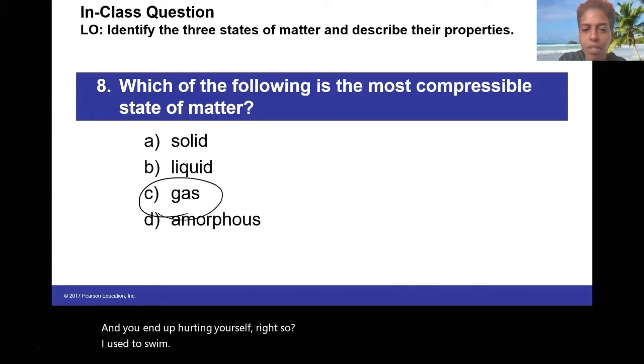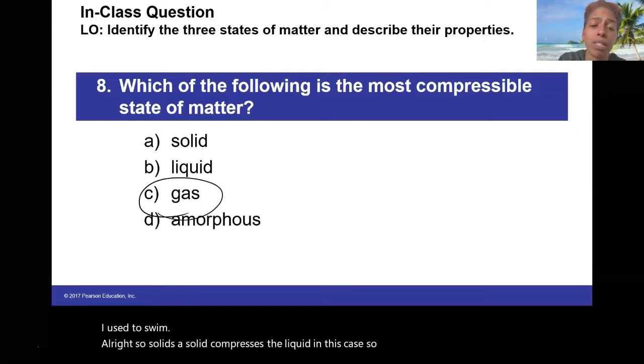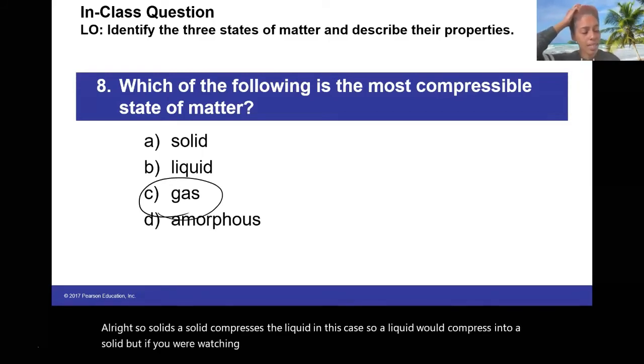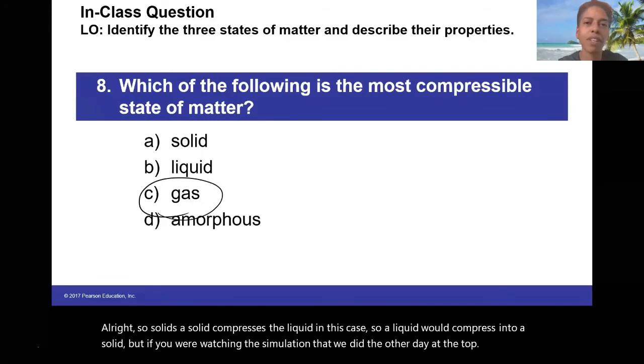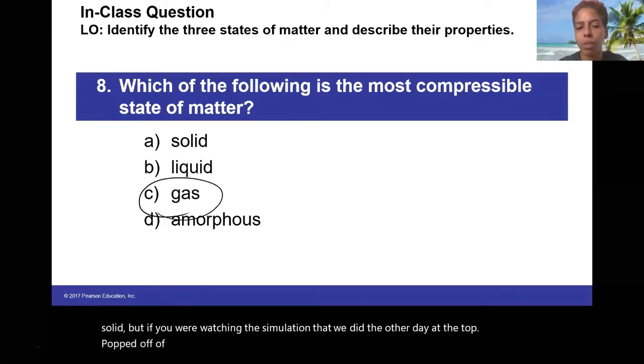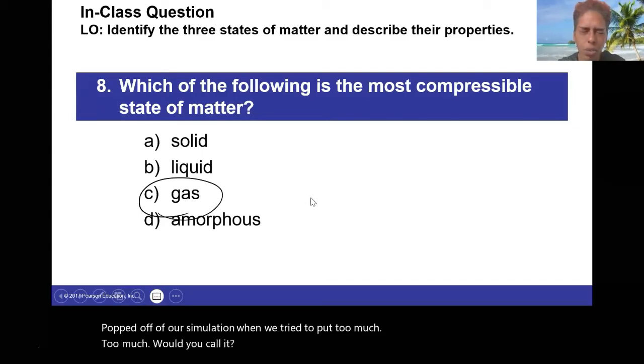All right, so a solid compresses the liquid in this case. If you were watching the simulation that we did the other day, the top popped off of our simulation when we tried to put too much pressure.